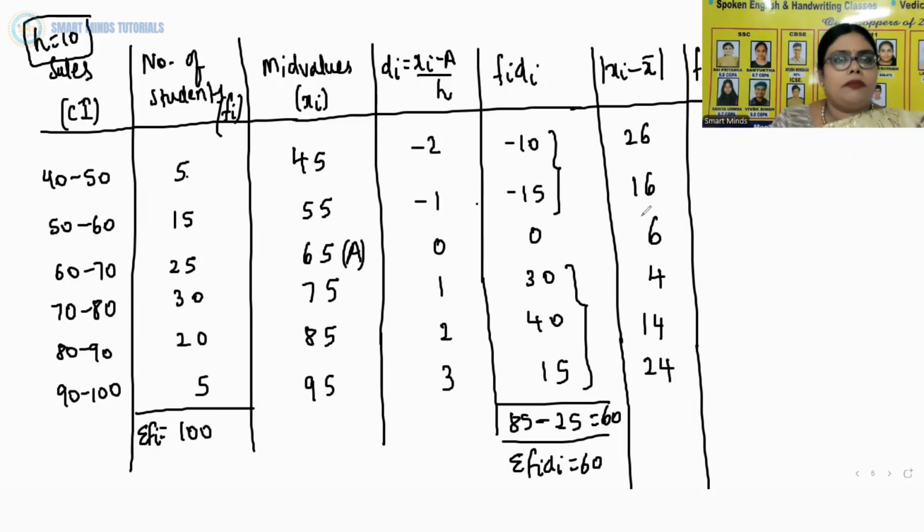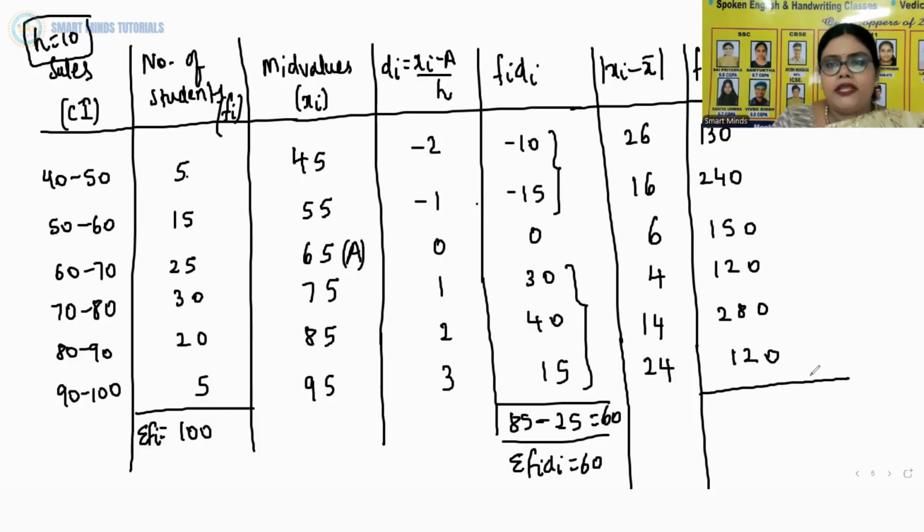Now we need to multiply Fi and the last column. So what is 26 into 5? 130. What is 15 into 16? 240. 25 into 6? 150. 30 into 4? 120. 14 into 20? 280. 24 into 5? 120.